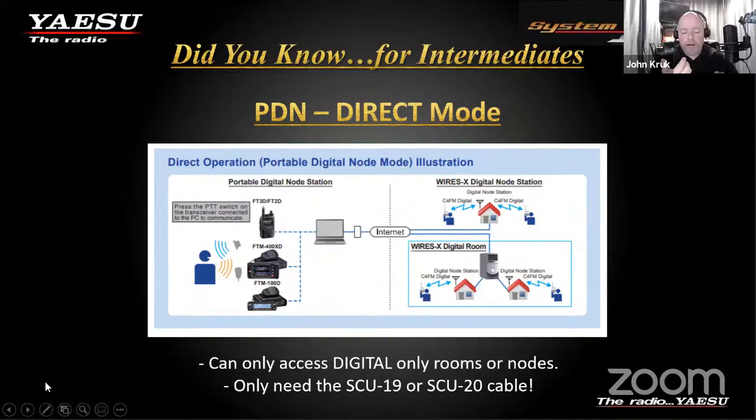In that speaker microphone, you're going to be able to talk in and go down to the Wires X network. And when someone talks to you on the Wires X network, you're going to be able to hear it through your handheld. So it's almost like a giant speakerphone, a speaker microphone. But once again, PDN stands for personal digital node.